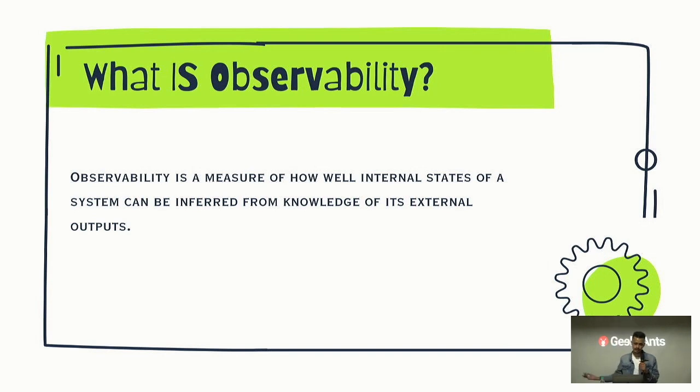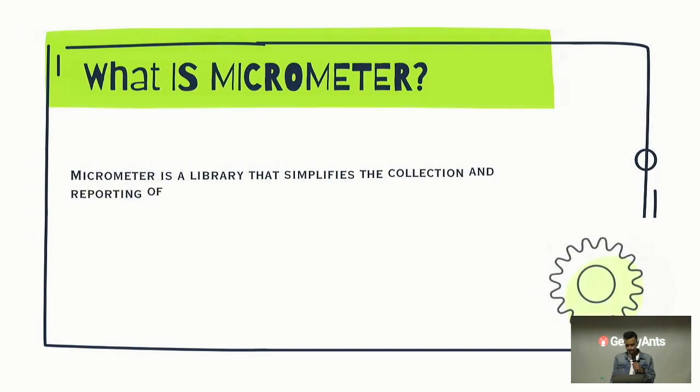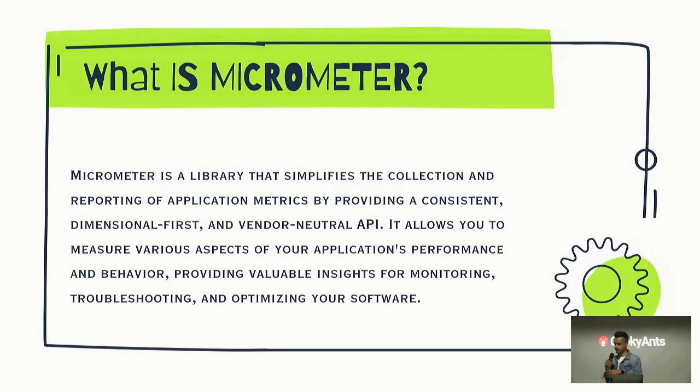One provider we have is called Micrometer. So what is Micrometer? Micrometer is a library. It simplifies the collection and reporting of application metrics by providing a consistent, dimensional-first approach. What is dimensional-first? It doesn't look at only one dimension, only error logs or normal logs or metrics.